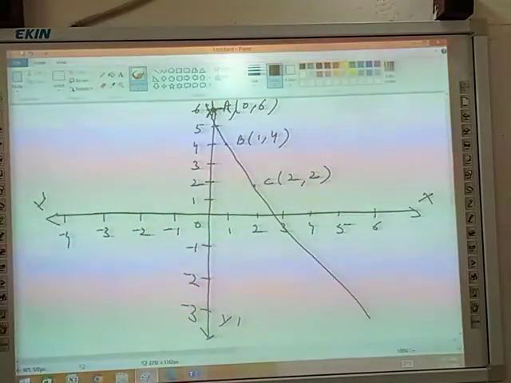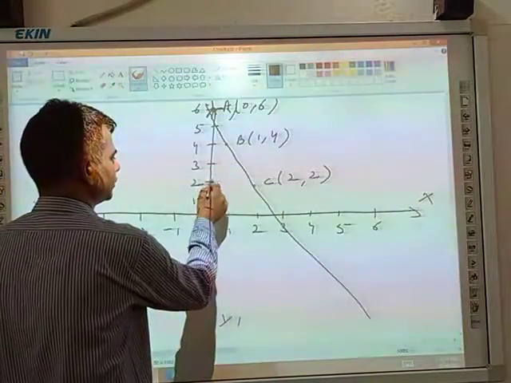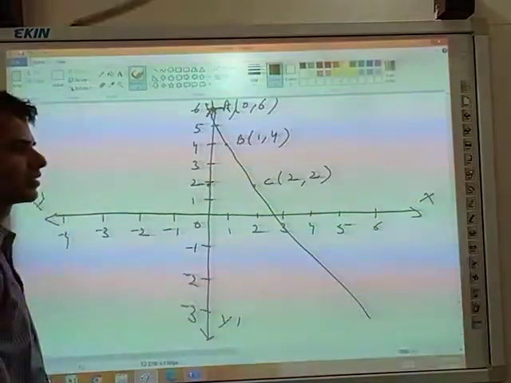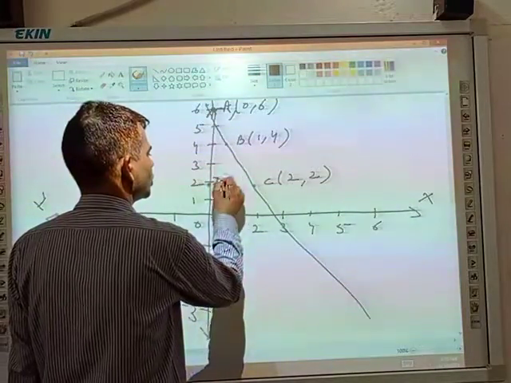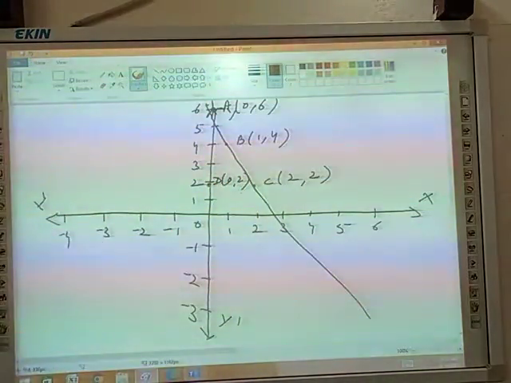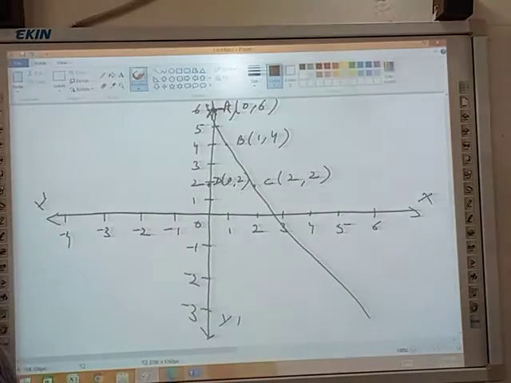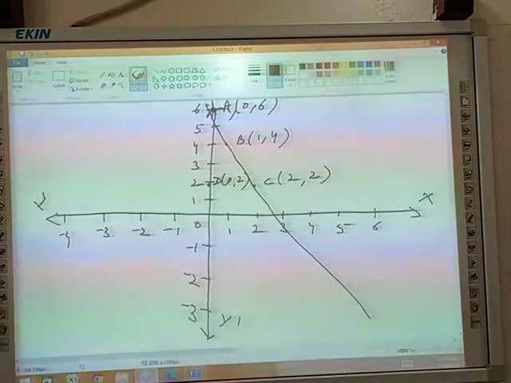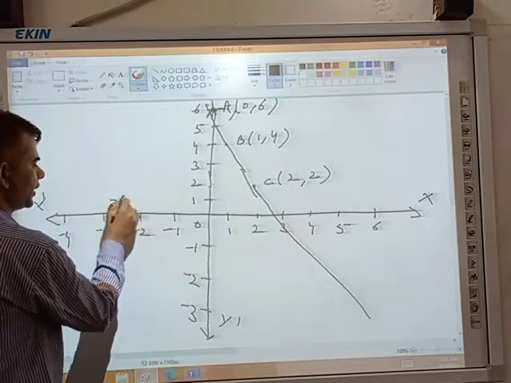Now students, next is (0, minus 2). The x coordinate is 0, so it is on the y-axis. Sorry, your point is (0, minus 2), that is D, (0, minus 2).